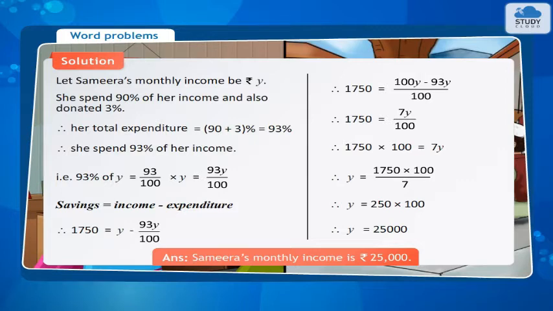Answer. Samira's monthly income is rupees 25,000.